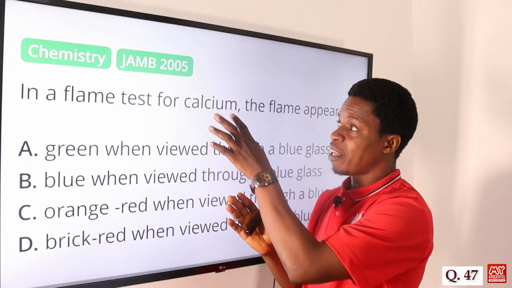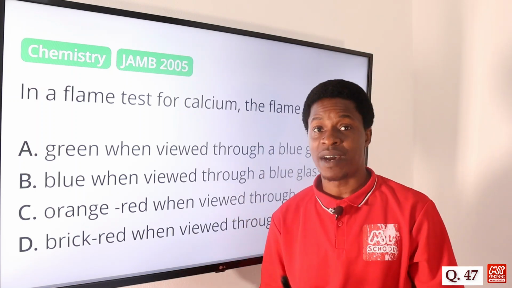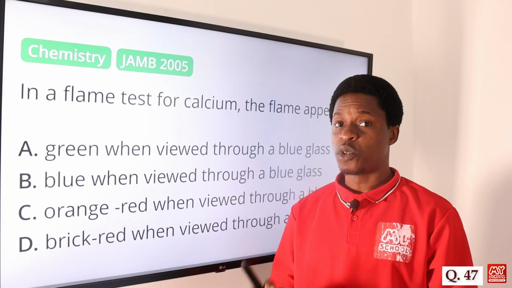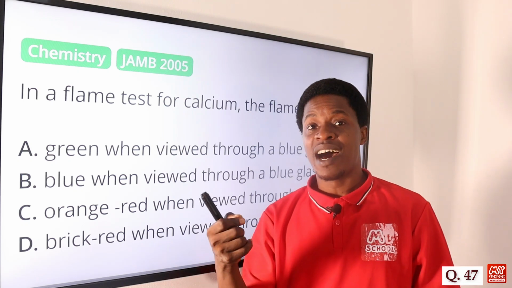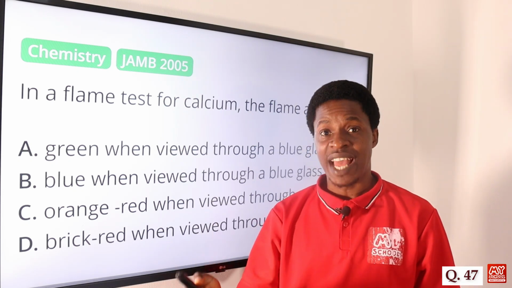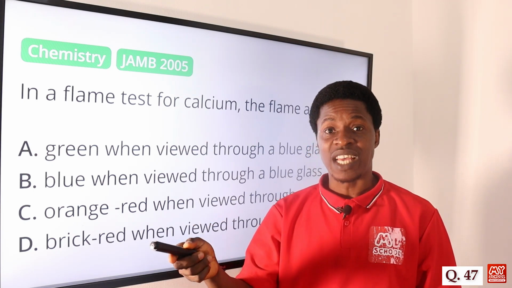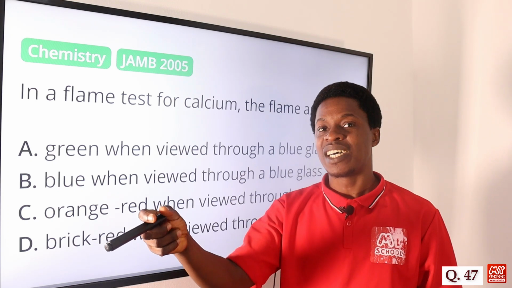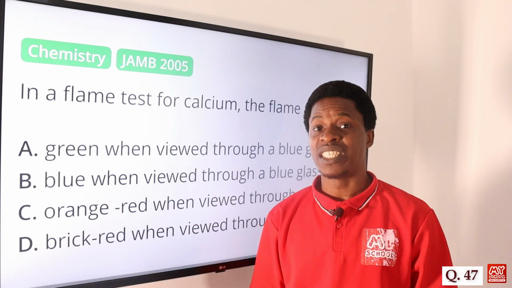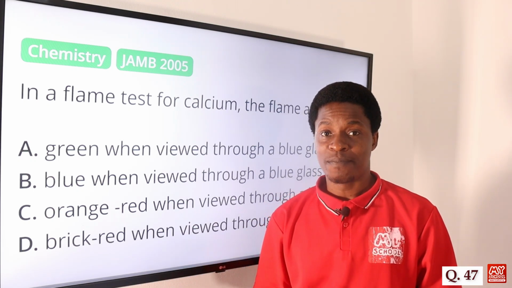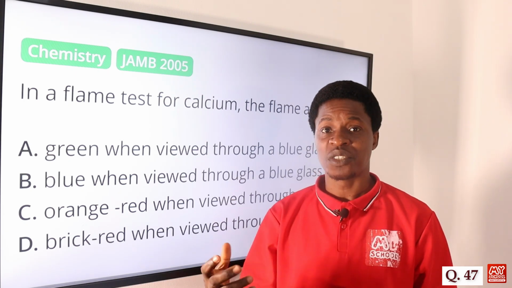If we are talking about calcium, if you get a salt that contains calcium ion or calcium metal, put it on your spatula, then bring it to a non-luminous Bunsen burner flame, like the one we have in our laboratories in schools. You put it on top of or inside the flame, in contact with the non-luminous Bunsen flame. What happens? You see a red color. A brick red color is what you are going to get.